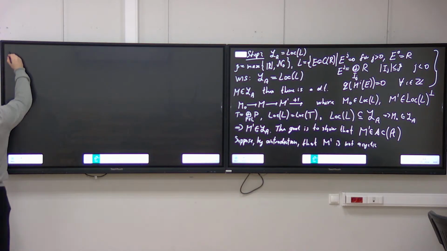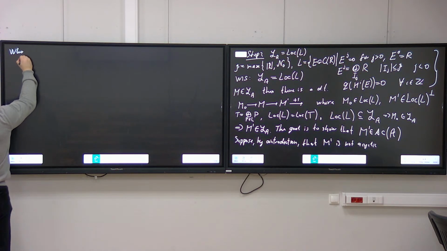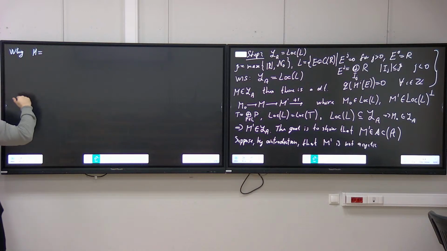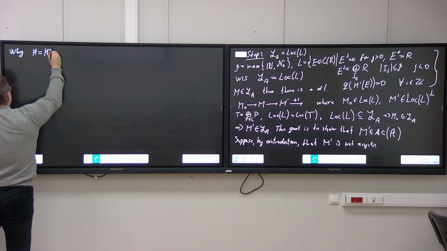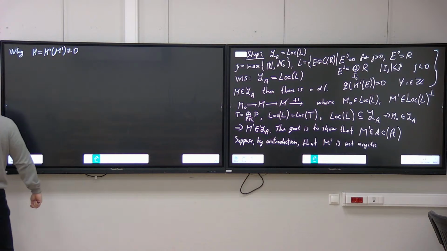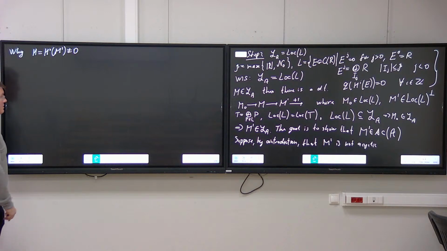Without loss of generality, I can assume that, for shortness I'm going to call this H, but this is just the zeroth cohomology of the M prime, this is not zero. If this is not the case, I can translate and get this.